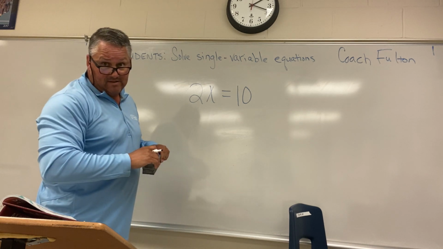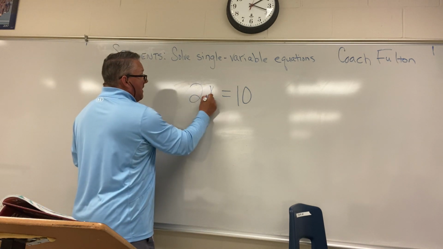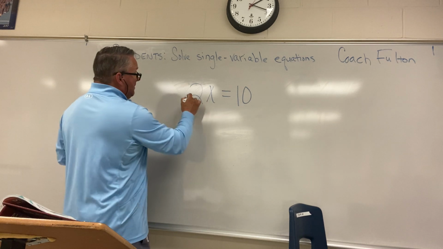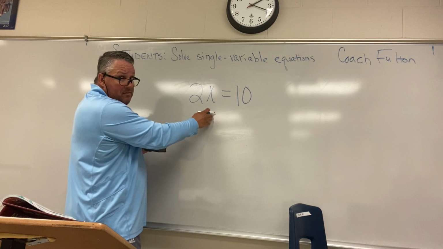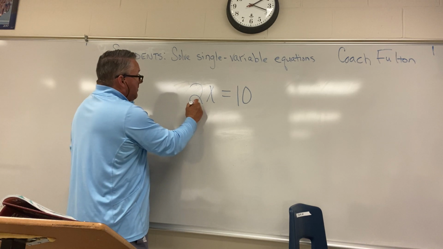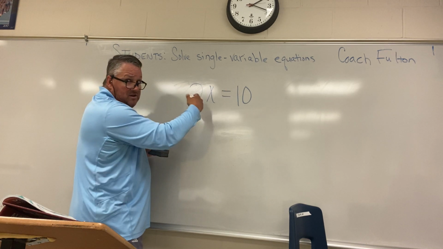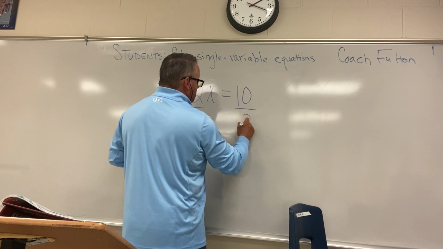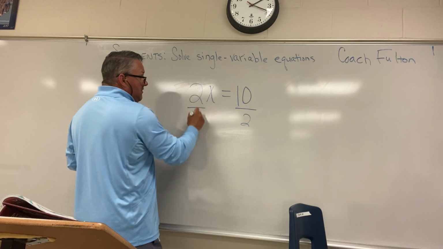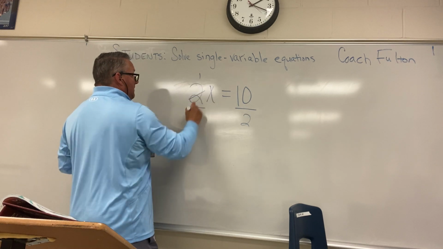If we divide by 2, 2x means multiplication. 2 times a variable x equals 10. You can do that probably in your head, but we do the inverse operation when we cross an equal sign. So we're going to divide by 2, and then we know 2 divided by 2 is 1.